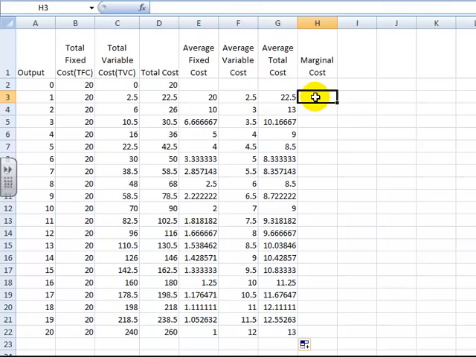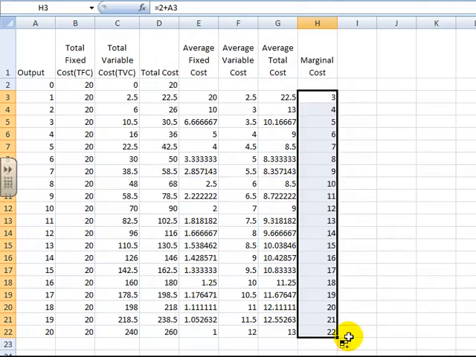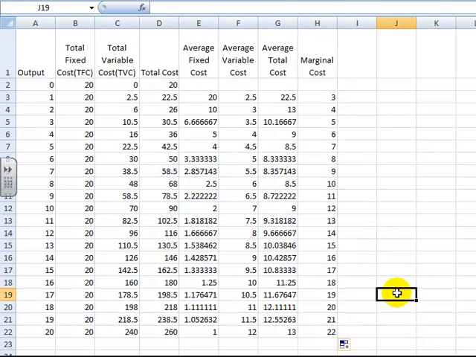Here we go. The marginal cost. So the marginal cost of TC equal to 20 plus 2Q plus 0.5Q squared. The derivative of that, we get 2 plus Q. Right? Here we go.